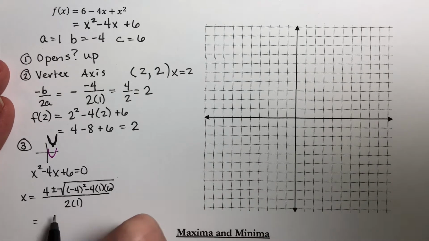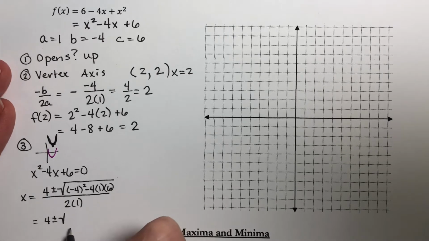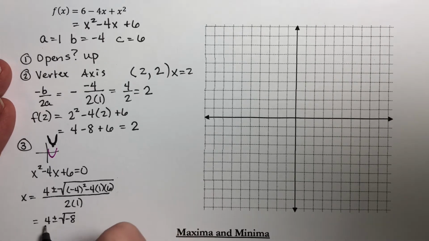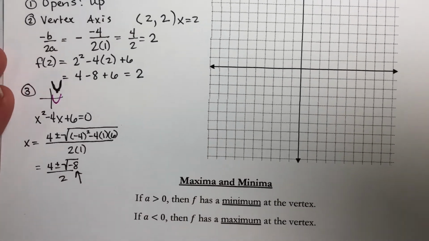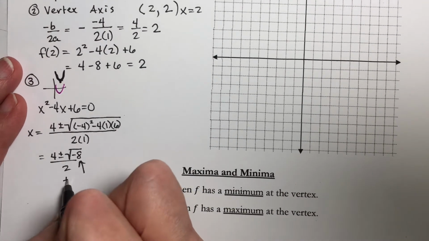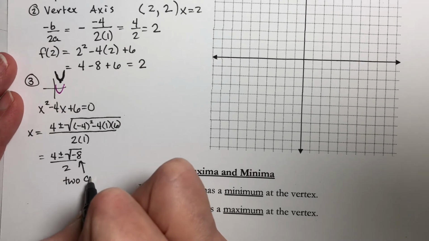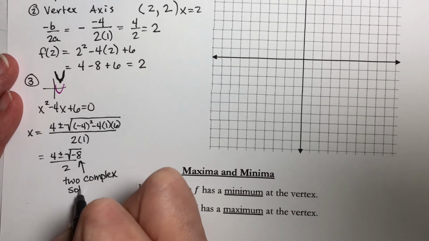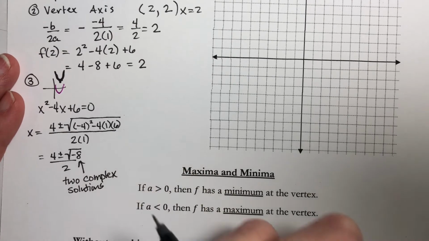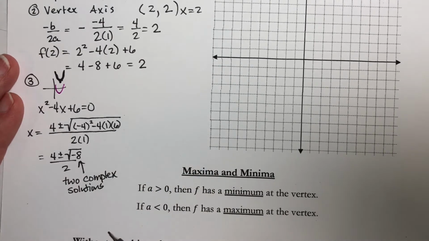If you do your arithmetic, you get 4 plus or minus the square root of -8, over 2. Because that's a negative number under the root, I have 2 complex solutions, meaning there's going to be an i in my answer.